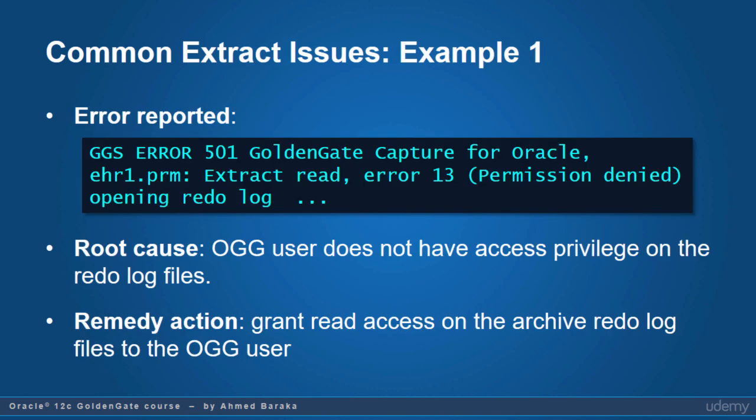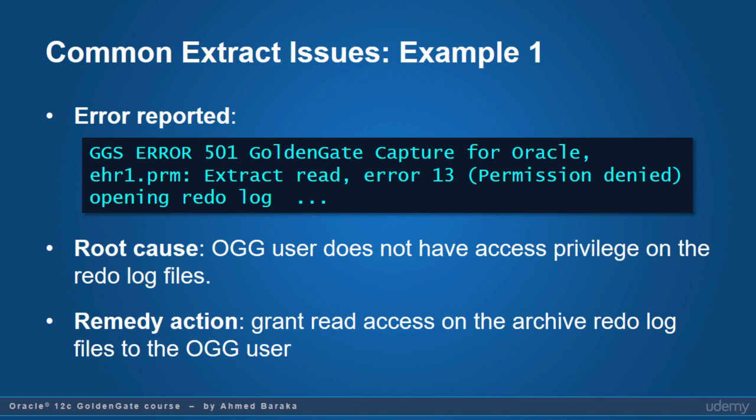This is an example of an extract issue. The extract process reports an error as shown in the slide. It complains that it cannot read a redo log file. Usually in this case, the operating system user that Oracle GoldenGate uses doesn't have access privilege on the redo log file.